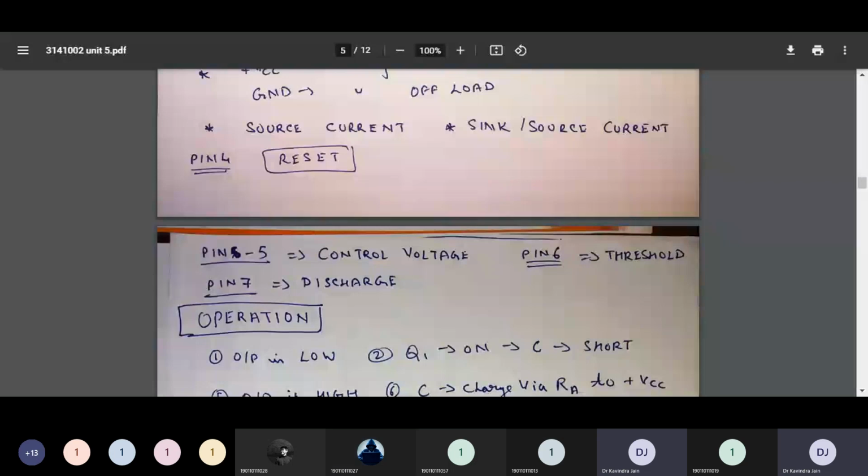So by imposing a voltage on this pin, or by connecting a potential between this pin and the ground pin, the pulse width of the output waveform can be varied. Pulse width of the output waveform can be varied.